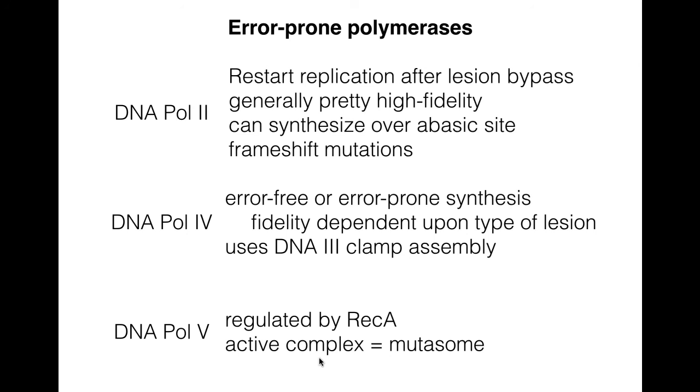So those are the error-prone polymerases, and these are the polymerases that are involved in this SOS response to damage that has not already been fixed and cannot be synthesized by normal polymerase.